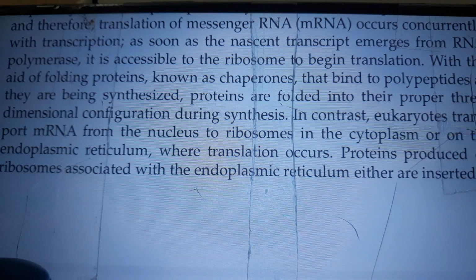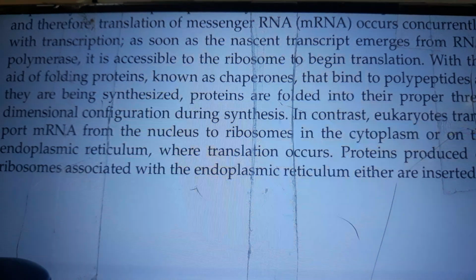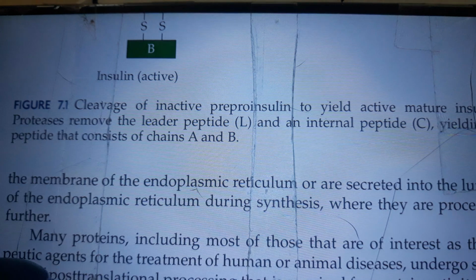In contrast, eukaryotes transport mRNA from the nucleus to ribosomes in the cytoplasm or in the endoplasmic reticulum, where translation occurs. Proteins produced on ribosomes associated with the endoplasmic reticulum either are inserted. Figure 7.1 is about the cleavage of inactive proinsulin to yield active mature insulin.